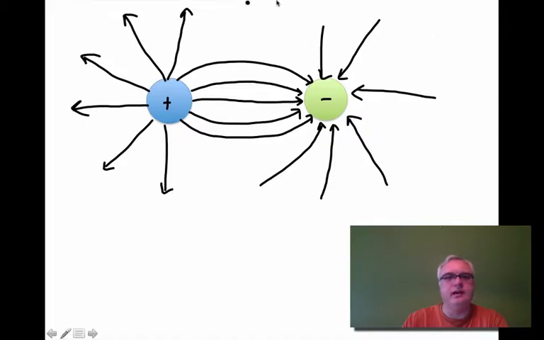Obviously, if we continued the lines further out here, we'd see them starting to bend around. And that's our diagram of the electric field around a positive and a negative charge.